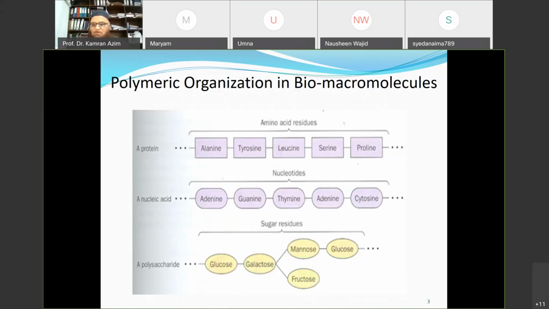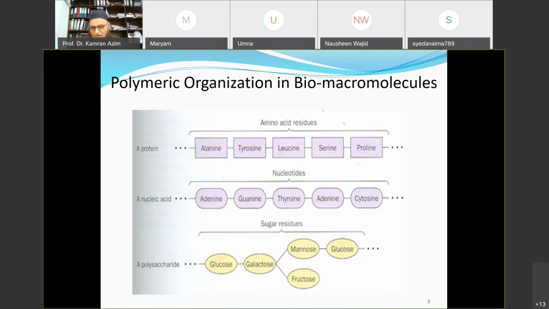Another important aspect is the polymeric organization of macromolecules in biological systems. We know that proteins, DNA and RNA, that is nucleic acids, and polysaccharides, the sugars, are basically polymers of small organic compounds.